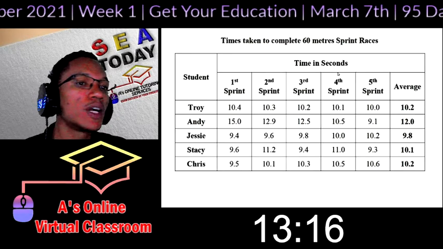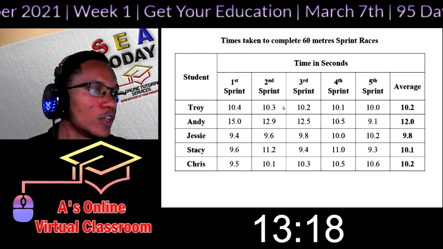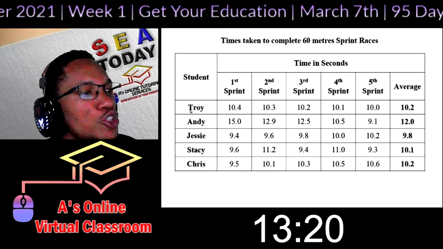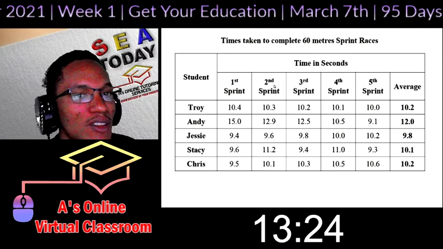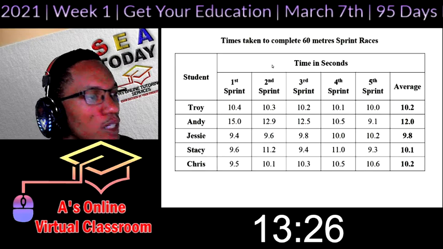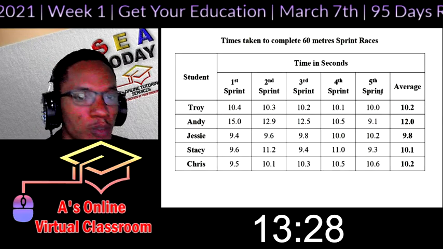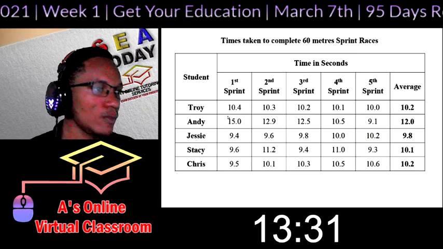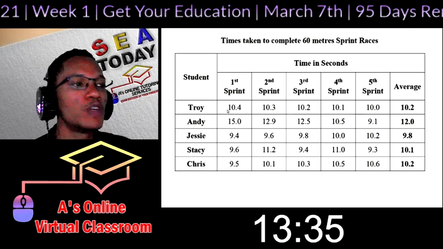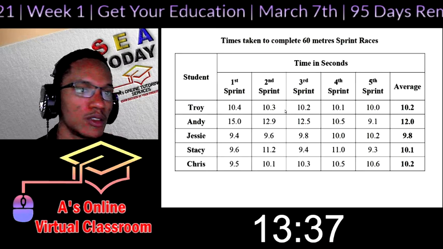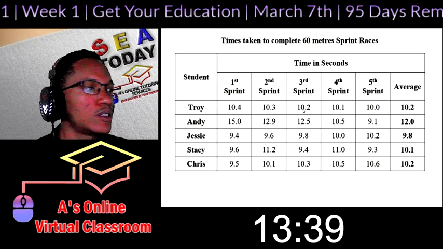So if you look at the table and you analyze it, you will notice that each student ran 5 times. Sprint 1, first sprint, second sprint, third sprint, fourth sprint, fifth sprint. So you have a column that gives you the time in seconds for each student that ran in the races.